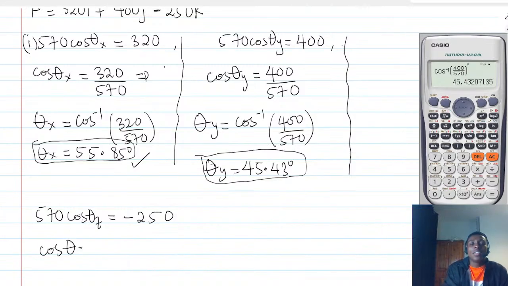So cos theta z is minus 250 divided by 570.